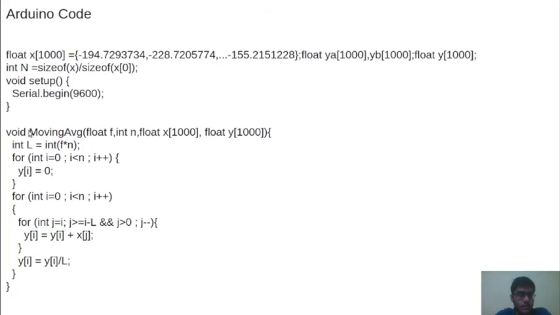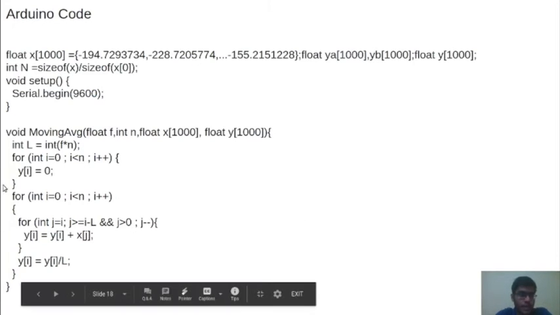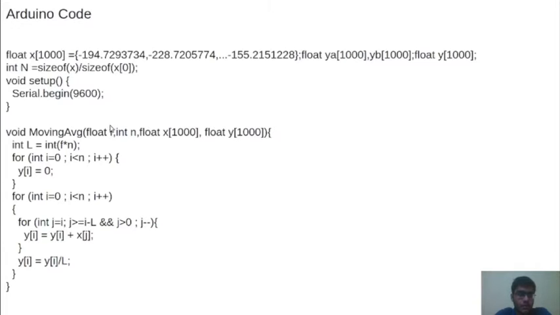First we are studying the moving average function. What parameters is it taking? First it is taking the fraction f, then n the number of samples, then x the input, and y, that is the output in which we are going to make the changes. This again goes with the standard equation which we had written earlier. Entirely it is f into n, and we are initializing yi equal to 0 at first.